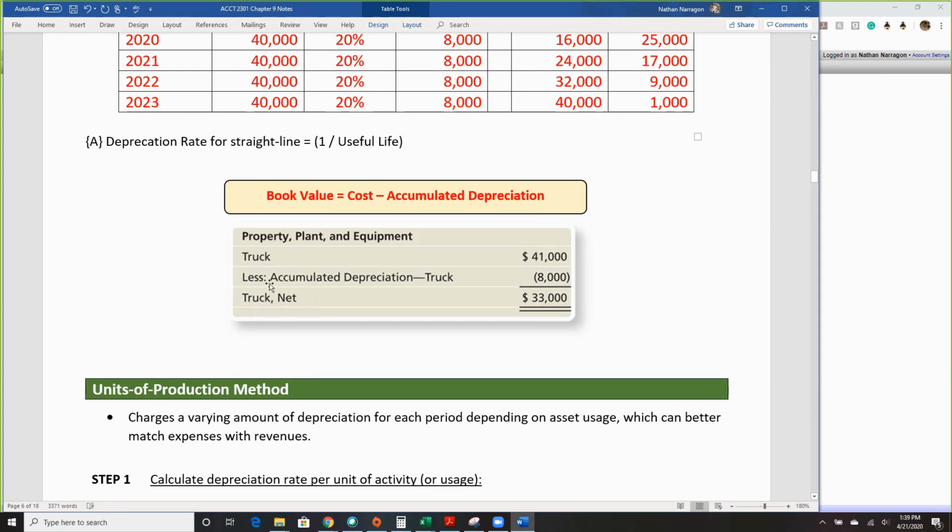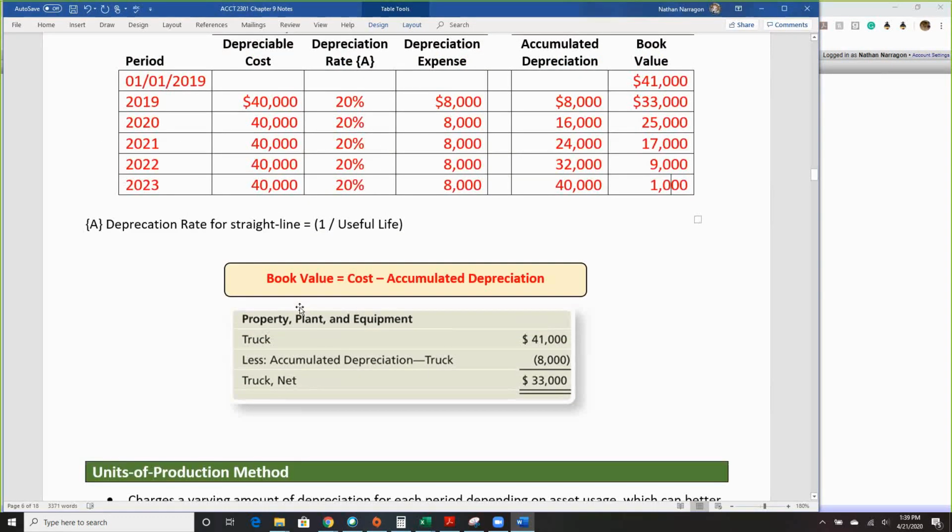So usually we see this truck net or building net on a shorter balance sheet in a consolidated one. Any questions over straight line? Okay.